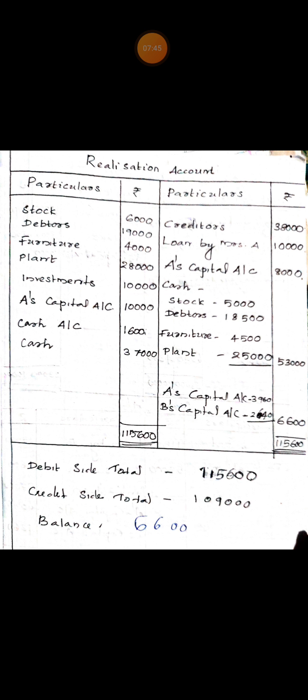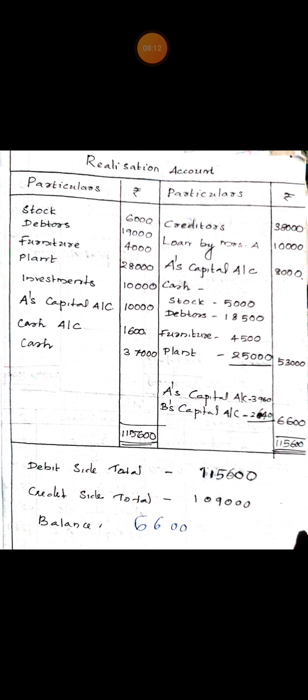Loss on realization 6,600, which is divided among the partners in their profit sharing ratio. A's share 3,960, B's share 2,640.